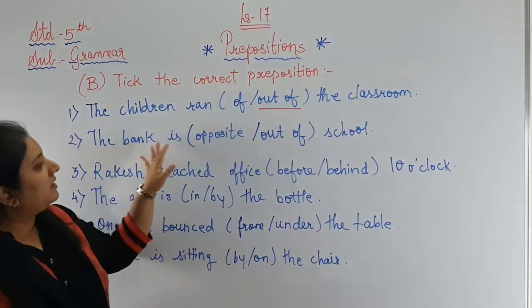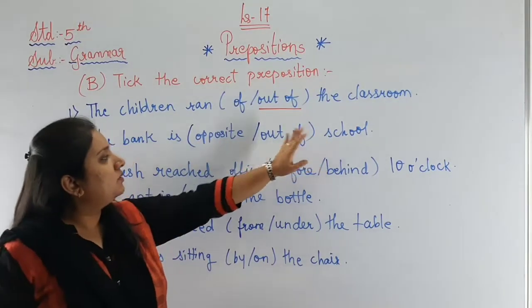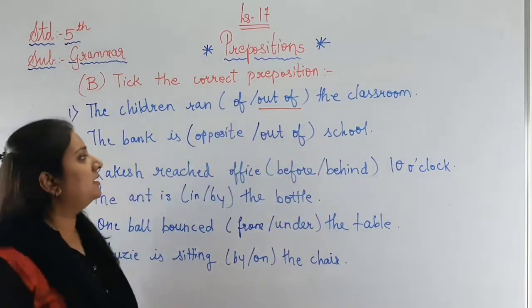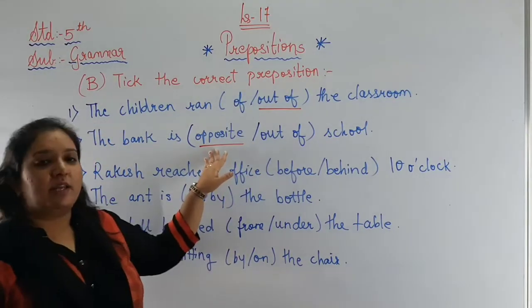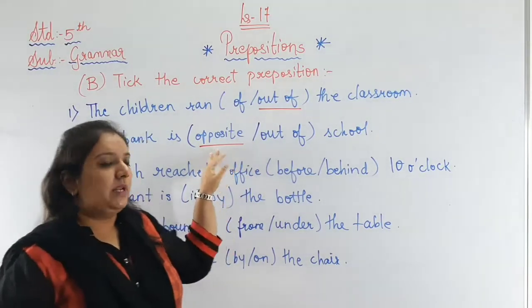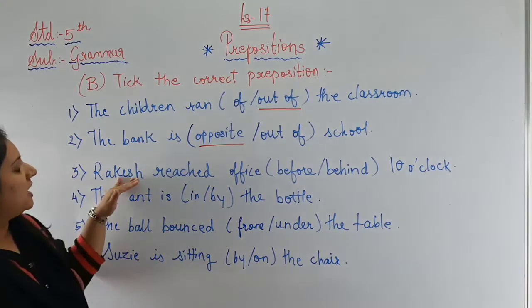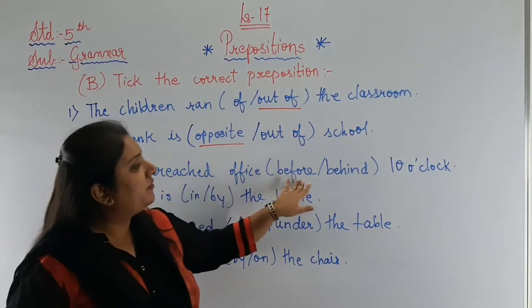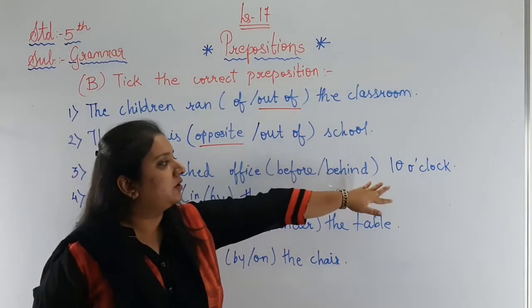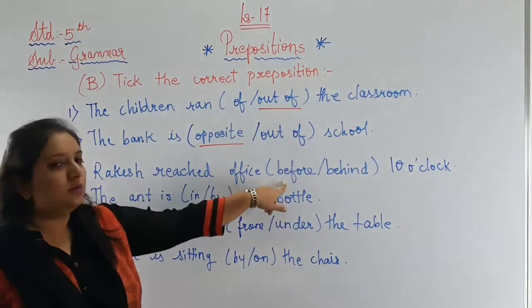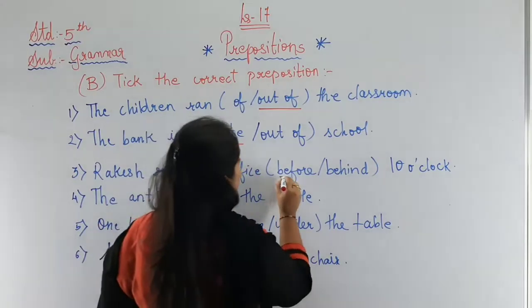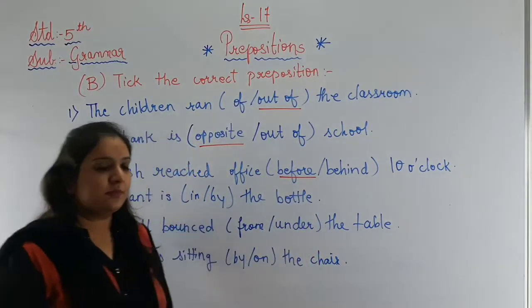Second: the bank is opposite of school or out of school. The bank is always opposite of school. Here also we have a preposition of place. Next: Rakesh reached office before 10 o'clock, behind 10 o'clock. So it's a preposition of time, and for a preposition of time, we will use before 10 o'clock.